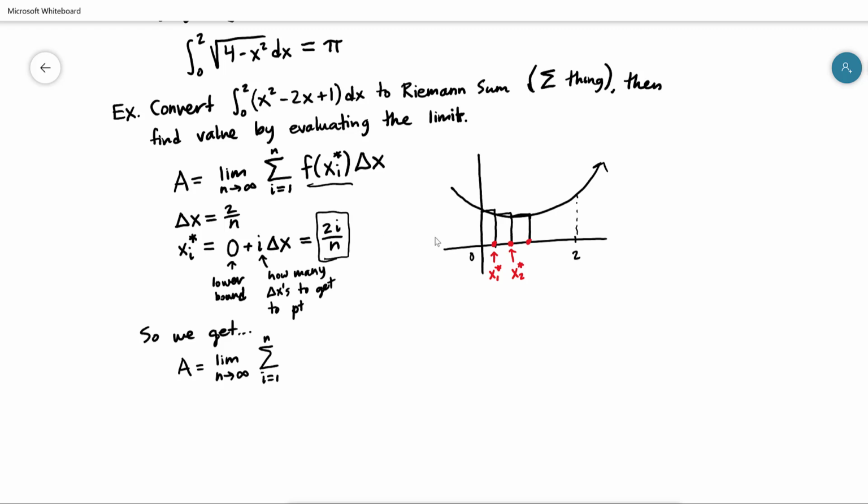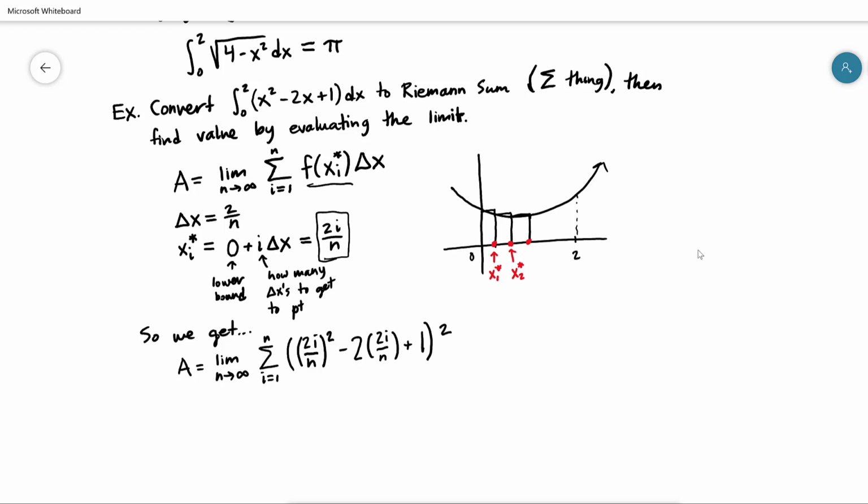And then lastly, it'll be a plus 1. So I'm going to get 2i over n quantity squared minus 2 times this 2i over n. And lastly, plus 1. So there's the whole thing. Now I need to multiply that by my delta x, and my delta x is just 2 over n.